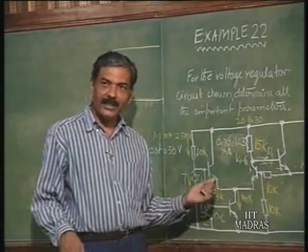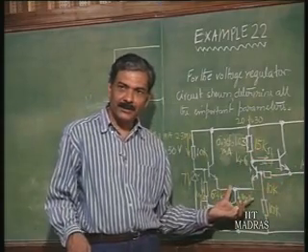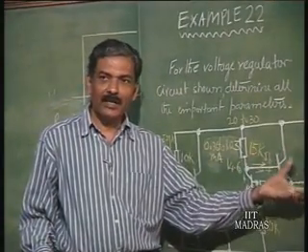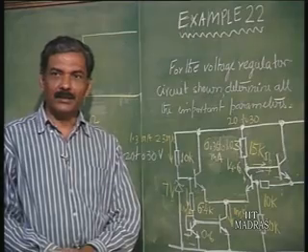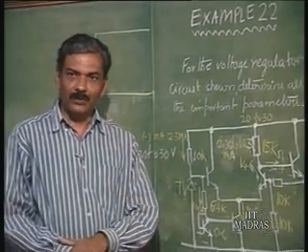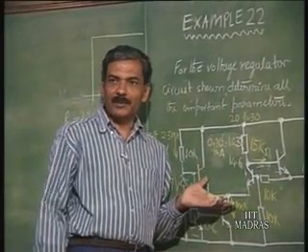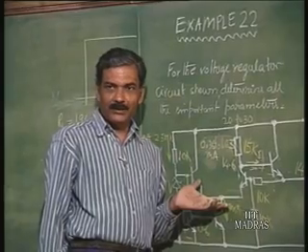The error voltage keeps changing as the load changes, because the operating point keeps shifting, and that error voltage variation will appear at the output as the variation in the output voltage. You have to determine that experimentally, because this is a nonlinear phenomenon.